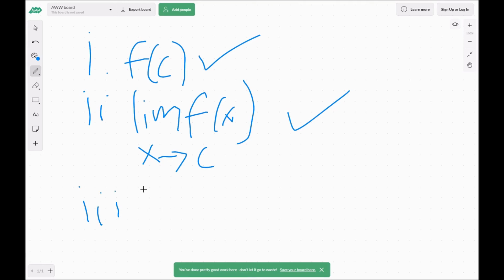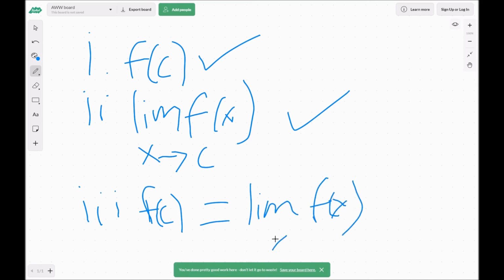And the third condition, where these two, the proper thing is to put both, f of c is equal to the limit of f of x as x approaches c. So those are the 3 conditions to tell if a function is continuous at a specified number. The specified number can be 3, -3, 2. It can be anything as long as it's in the Cartesian coordinate plane.